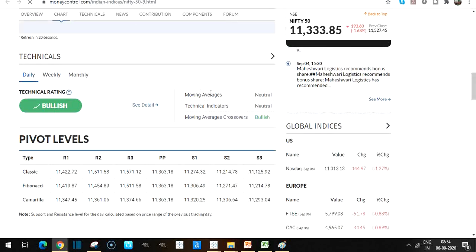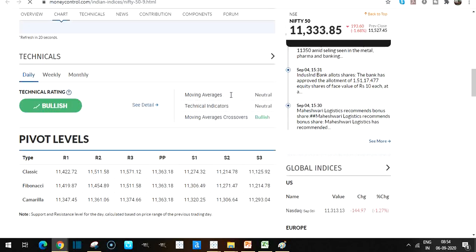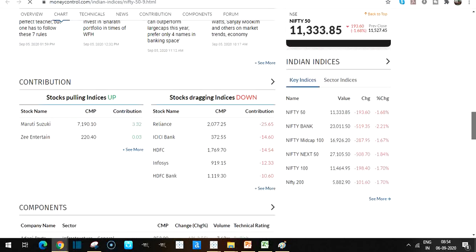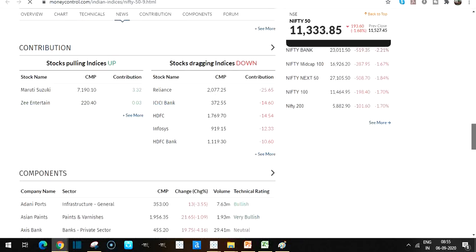See, a moving average is also an indicator. It's just like a trend indicator. Technical people consider it a technical trend. Let me show you the moving average.